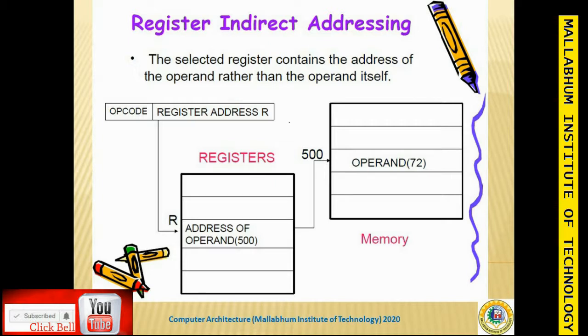So here, this is your opcode field, this is your operand field. In the register direct addressing mode, the register value is specified directly, so whatever the data of R1 is, that is used for this instruction.